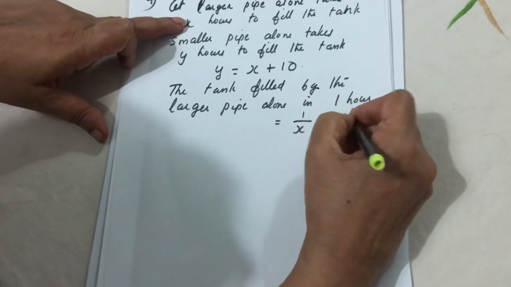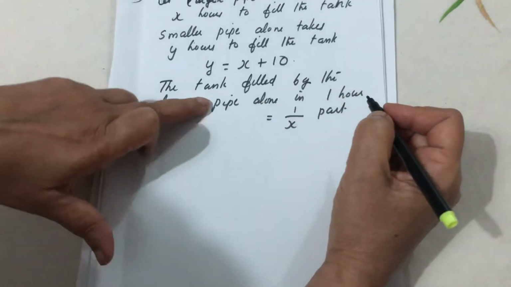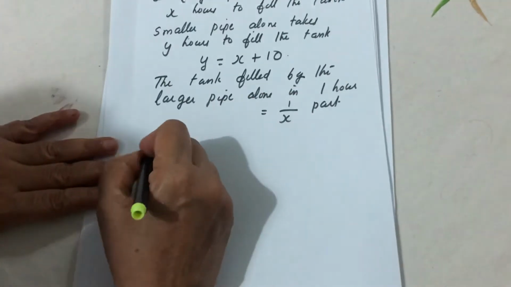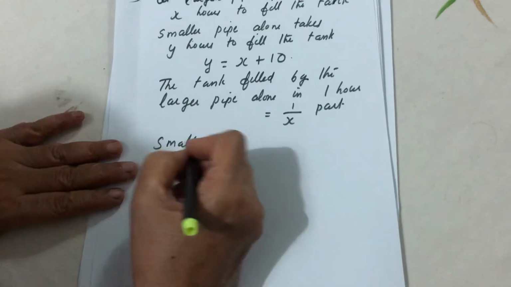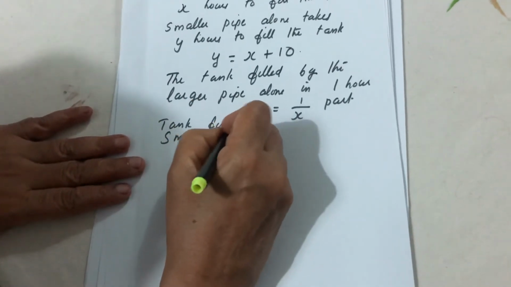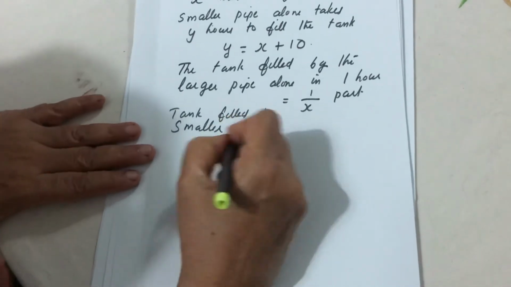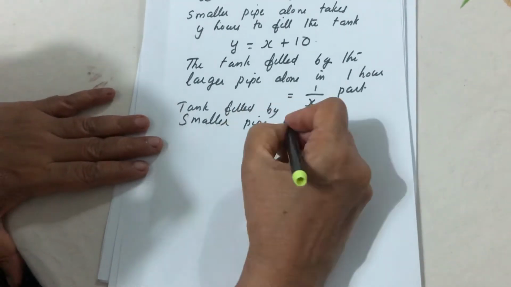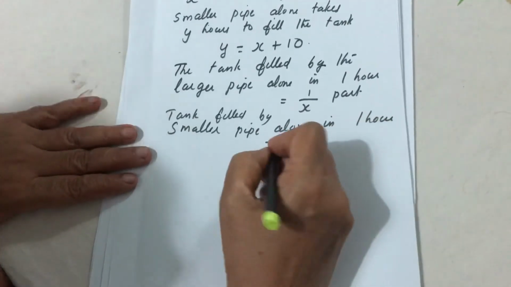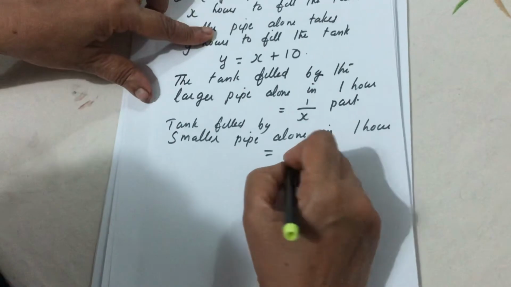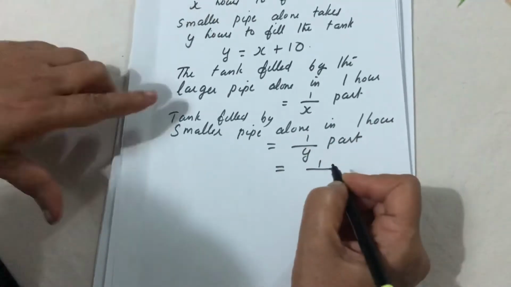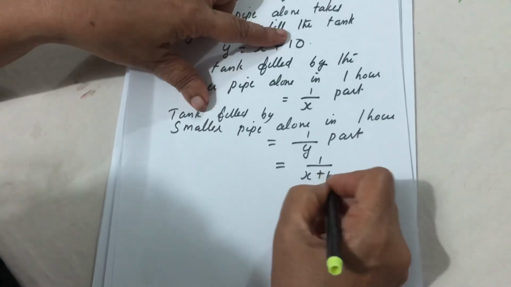Then the part of the tank filled by the smaller pipe alone in 1 hour, since it takes y hours, is 1 by y, that is 1 by (x plus 10) part.